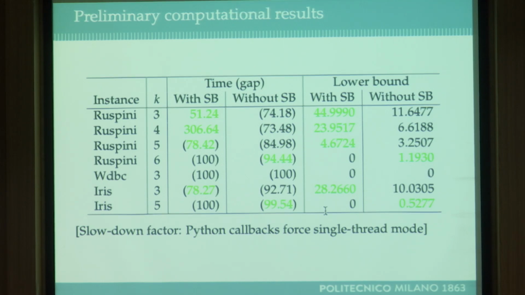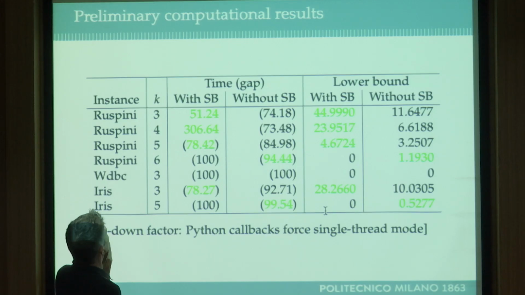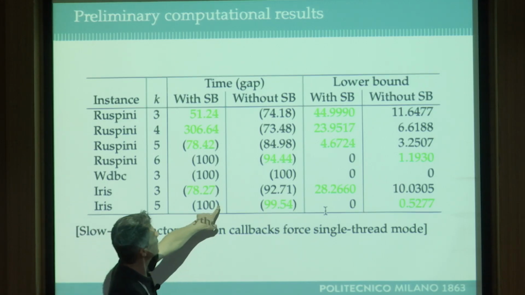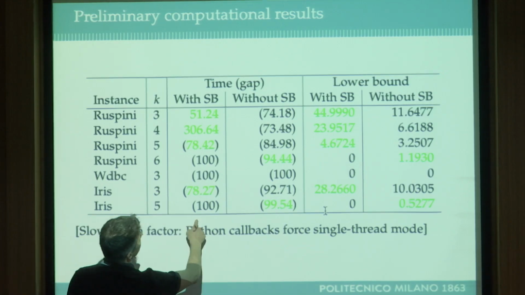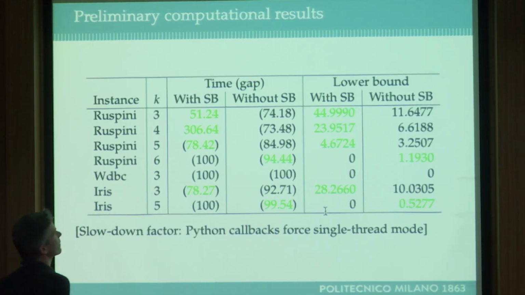So in this table here, and then I'm done, I can show you what happens both to the time and the lower bound I get when using this spatial branching and when not using the spatial branching. In parentheses is the gap if we reach the 1 hour time limit. Otherwise, that's the time we take.